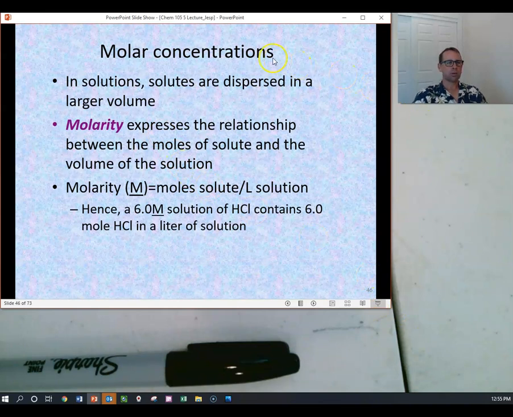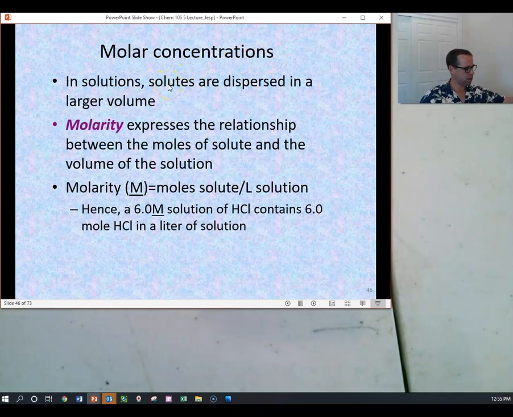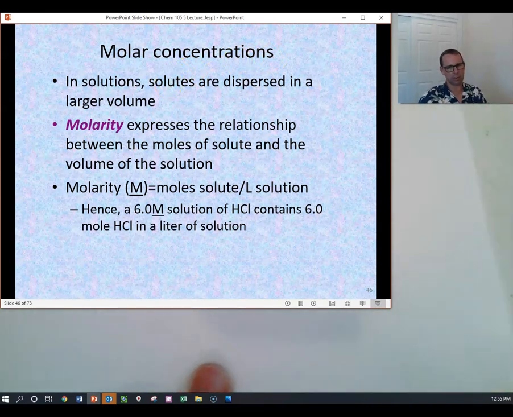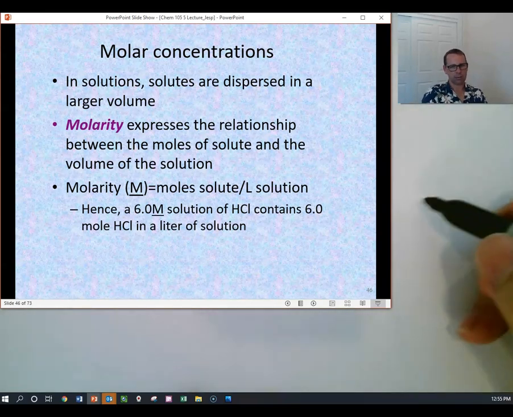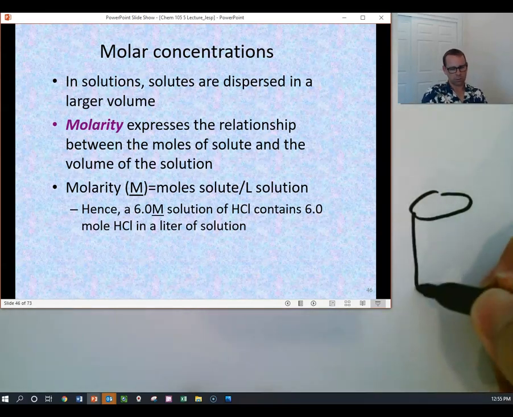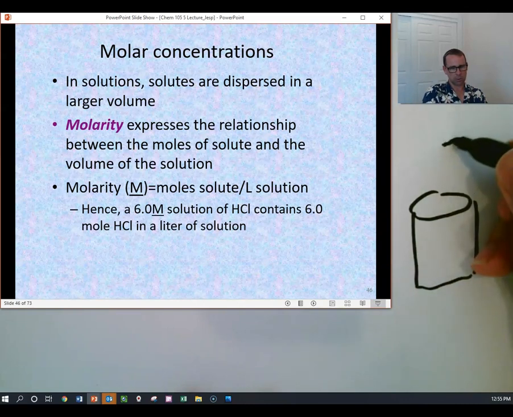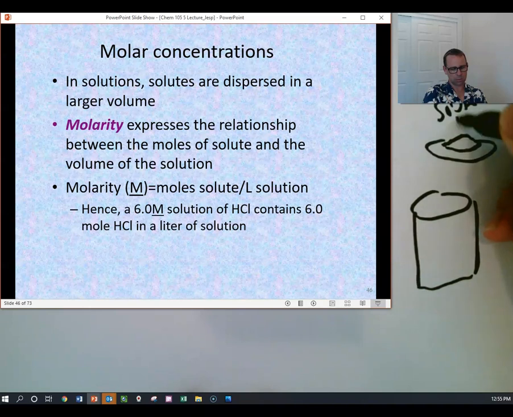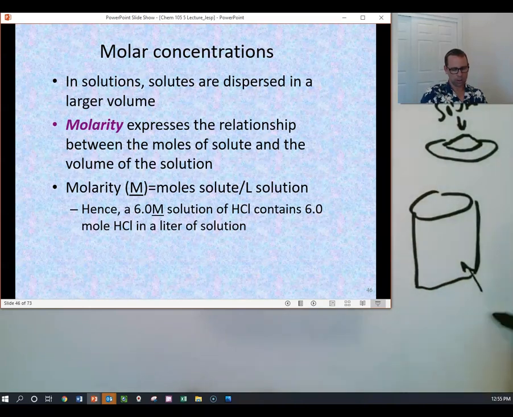Okay, so when I have a solution that I've made, and we talked about these terms a while back, so we might have forgotten them already, remember, the pile of material is called the solute, and the water down here is called, do you remember what it's called?